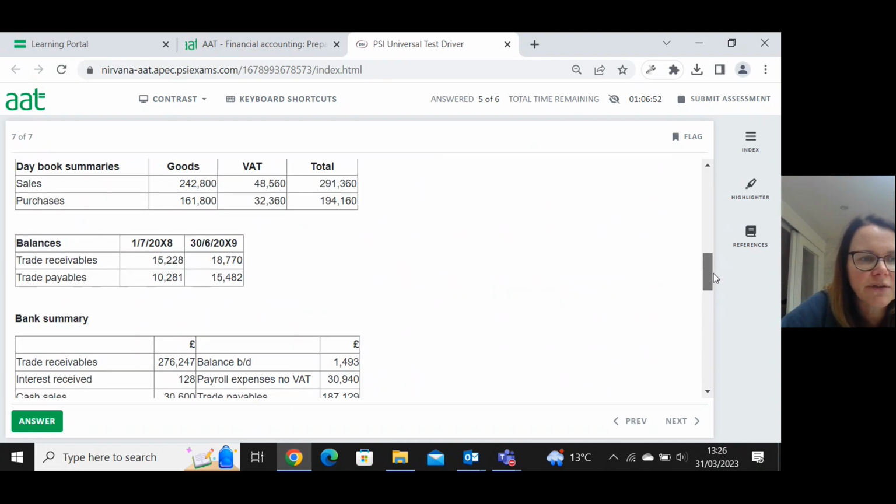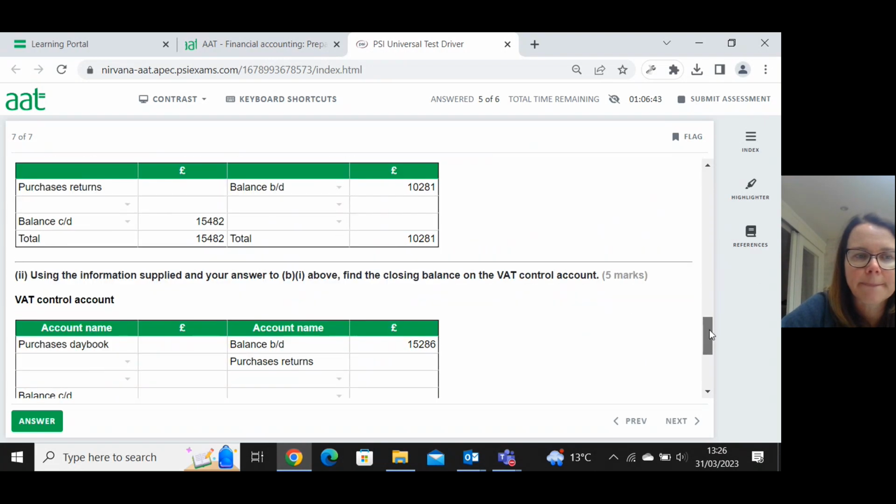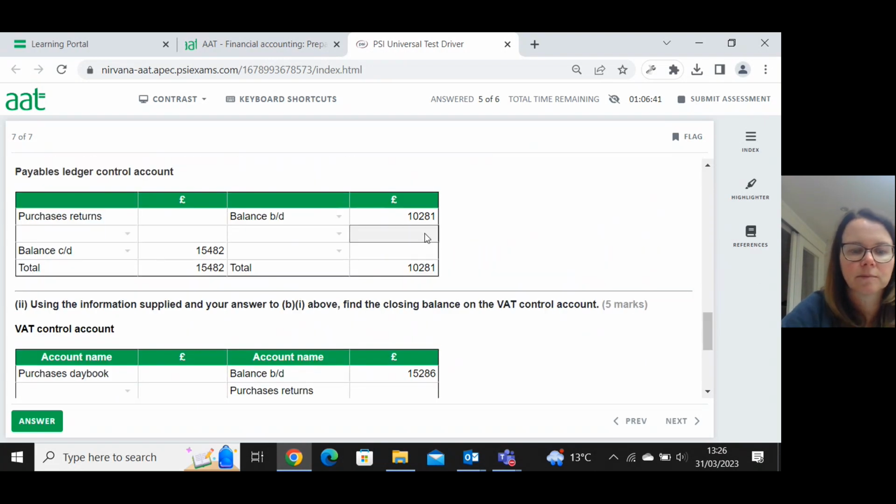Do I have the purchase figure? Yes. Remember, it's the total that goes into the PLCA. So 194160, purchases. I'm trying to find that missing purchase returns.